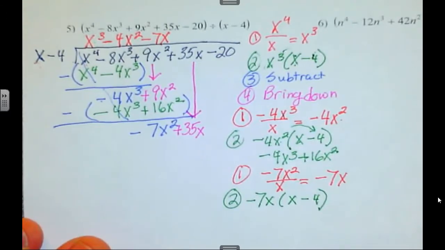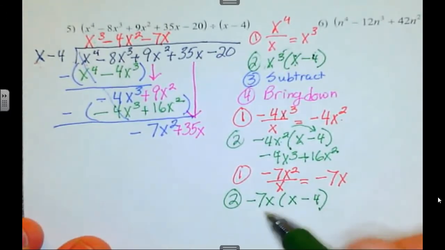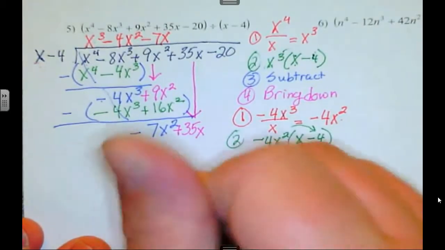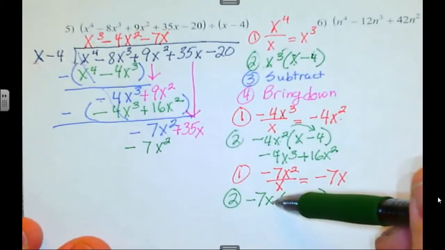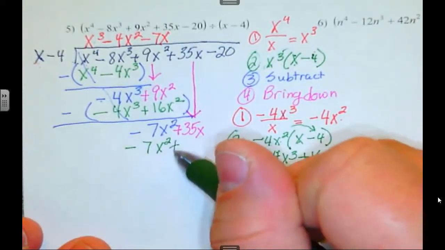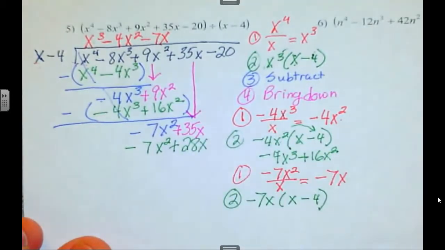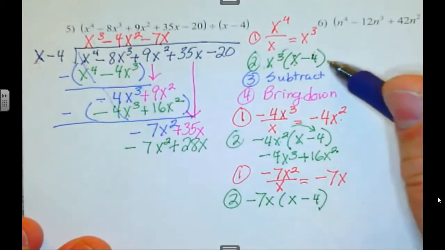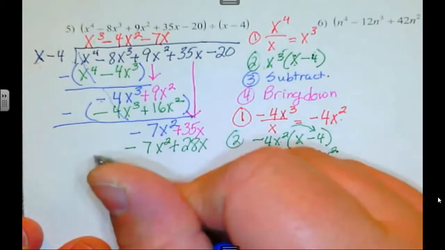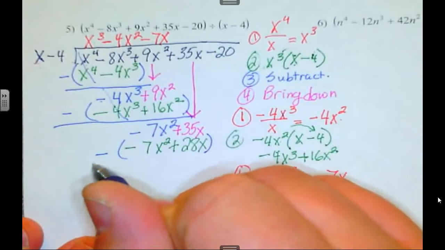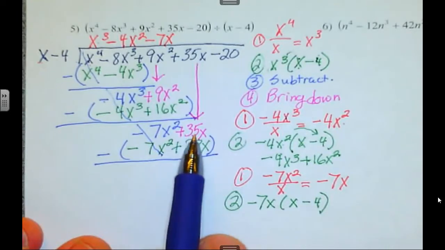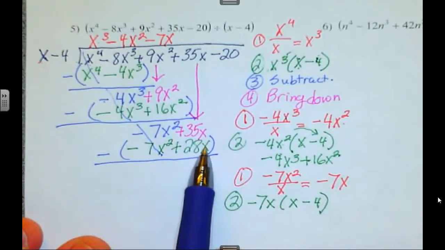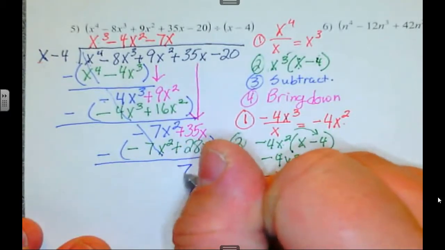Negative 7x times x is negative 7x squared. It takes a long time for these. Negative 7x times negative 4 is a positive 28x. Step 3, subtract. These zero out. I get 35x minus 28x, positive 7x.